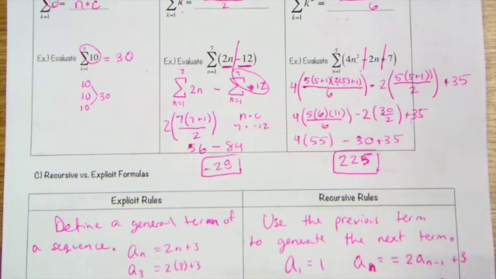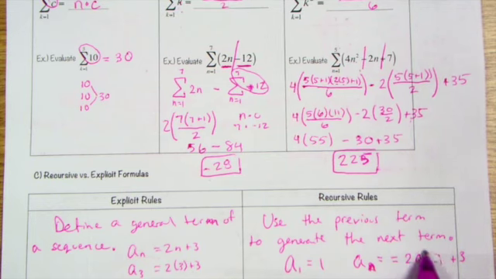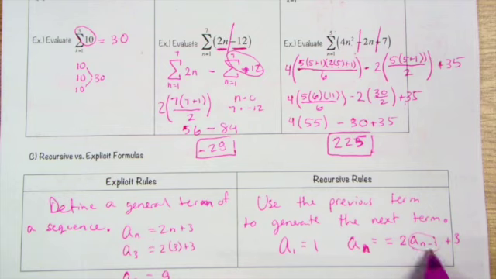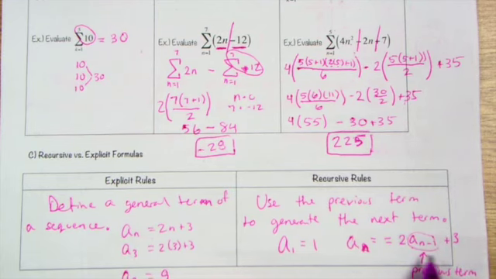So anytime you see this right here, the a sub n minus 1, this means the previous term. So this tells you this is a recursive rule. It uses the previous term to figure out the next term.